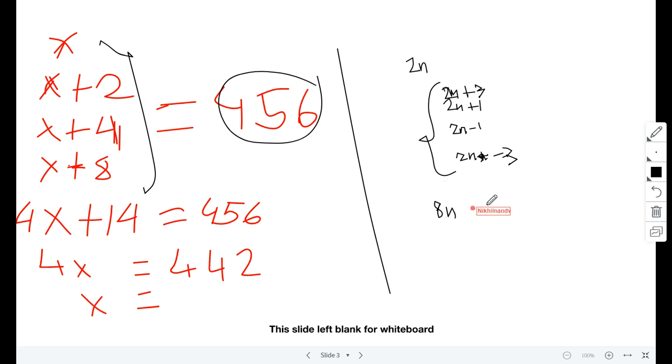The benefit of adding all is that minus 3 plus 3 get cancelled, plus 1 minus 1 get cancelled. I could have also taken 2n plus 1, 2n plus 3, 2n plus 5 and 2n plus 7, but that would have increased my calculation.